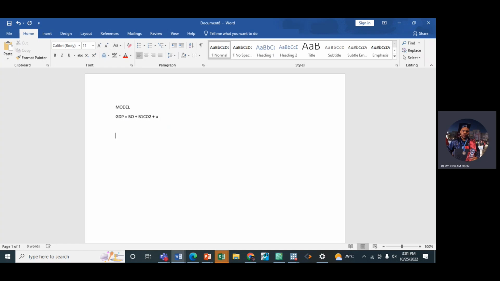For instance, if you are using this kind of model, your thesis topic can be something like the impact of carbon dioxide on economic growth. You know, this model is trying to show you the impact of carbon dioxide on GDP, but you know that GDP is a proxy for economic growth. So you can use this kind of model to do this kind of thesis.